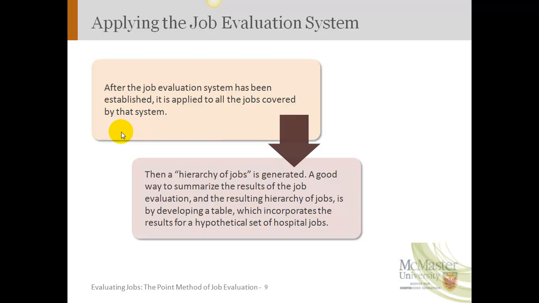So we may not have any problems with respect to the way we define our degrees so that we can differentiate a degree 4 from a degree 5 when we're measuring mental skill. But the fact is, does it make sense, the number of points that we're giving them in each of these? Have we understood the job? And again, sometimes your raters might be applying some kind of unknown bias when they're looking at the jobs.